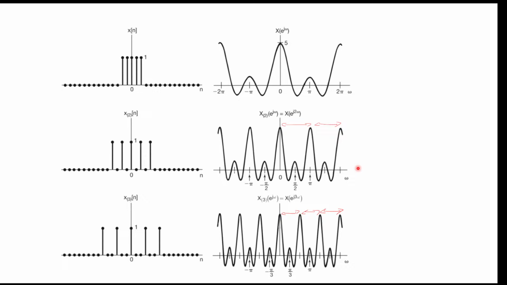And then we stretch out further. We stretch out the time domain signal by a factor of 3, then the frequency domain signal will be squeezed by a factor of 3. So you see that the same signal will repeat itself 3 times within one period of 2 pi.